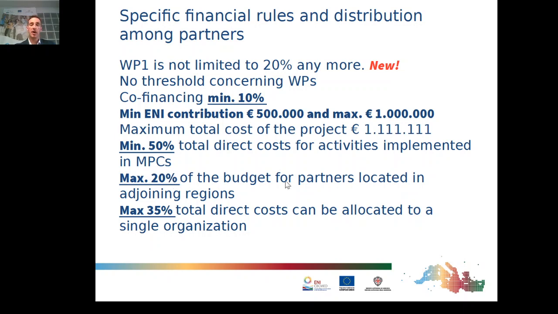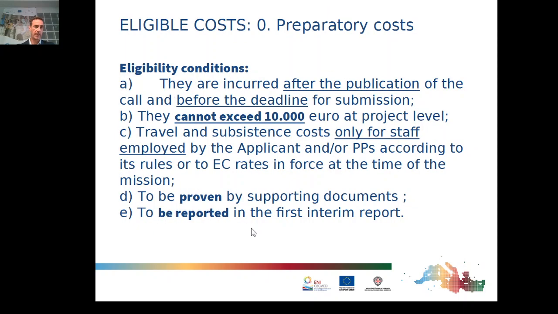Maximum 20% of the budget can go to the partners located in the adjoining regions if you have these partners in your partnership. Maximum 35% of the total direct costs can be allocated to one single organization. And these are the main rules that you have to respect when drafting your budget.